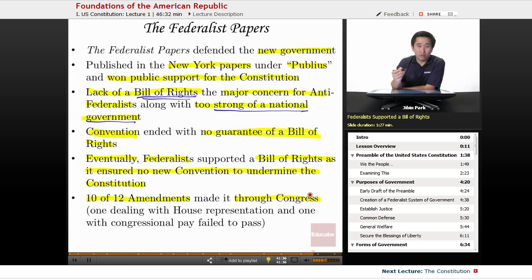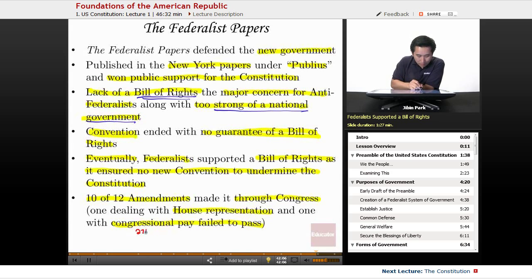So the Bill of Rights that we have today, the 10 Bill of Rights, originally 12 were adopted. The one dealing with House representation and one dealing with congressional pay actually failed to pass. Now, what's kind of interesting is that many years later, that congressional pay amendment that never was ratified, it was actually passed by Congress, but it was not ratified.